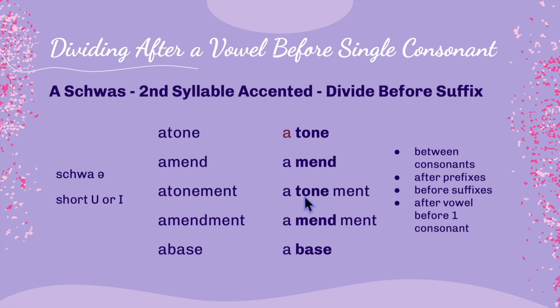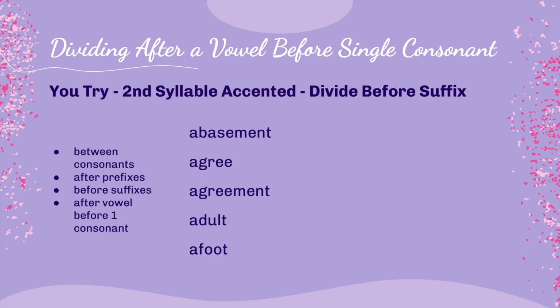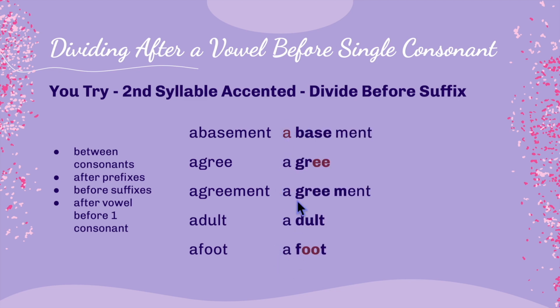Amend, atonement, amendment, abase. I'd like you to try that with these words. Divide after a vowel before a single consonant and divide before a suffix. We divided after the A for all of these. Remember, the double E says E, and in this word, OO says "oo."